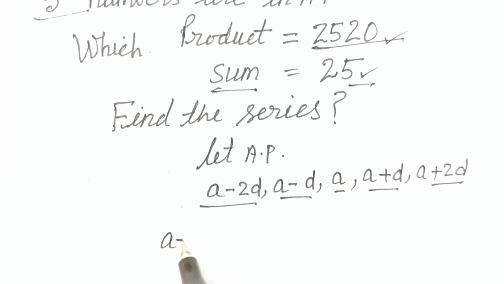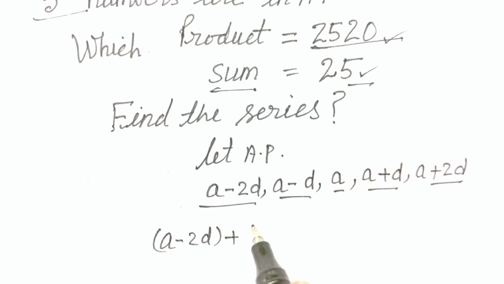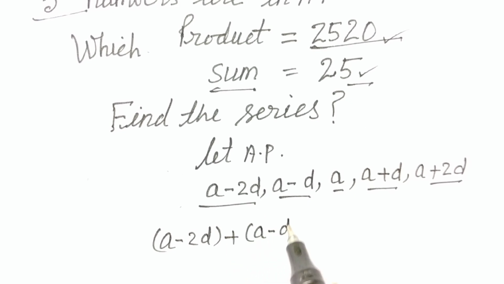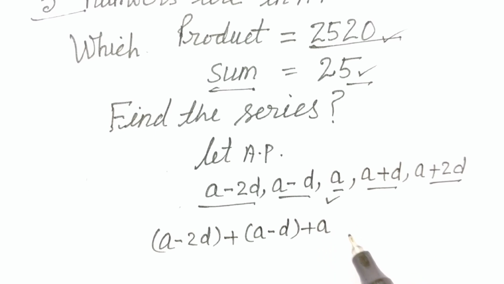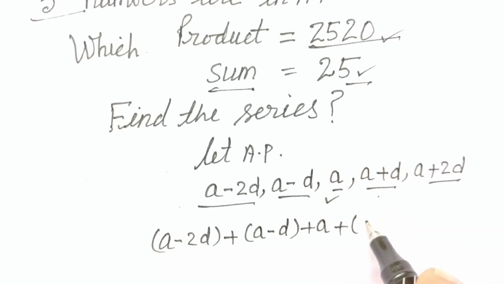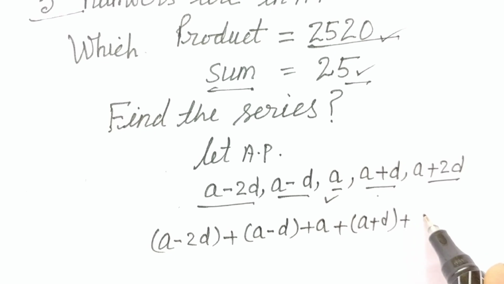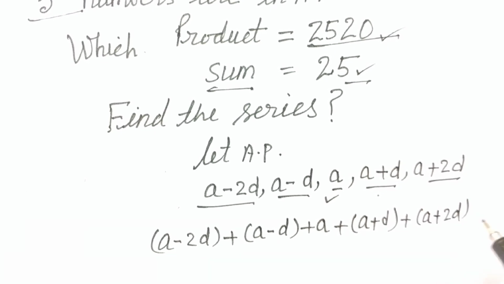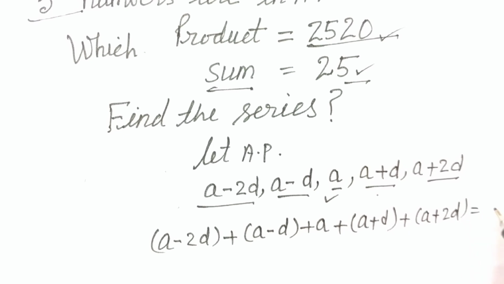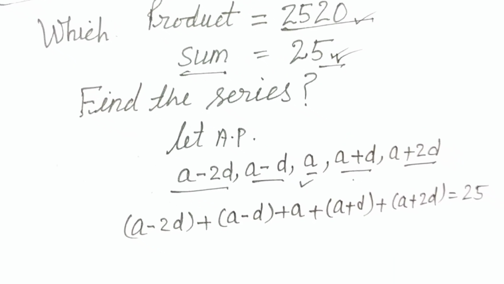So A minus 2d plus A minus d plus A plus A plus d plus A plus 2d is equal to 25, right?